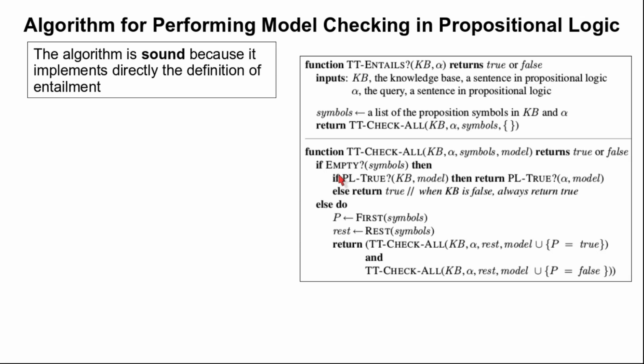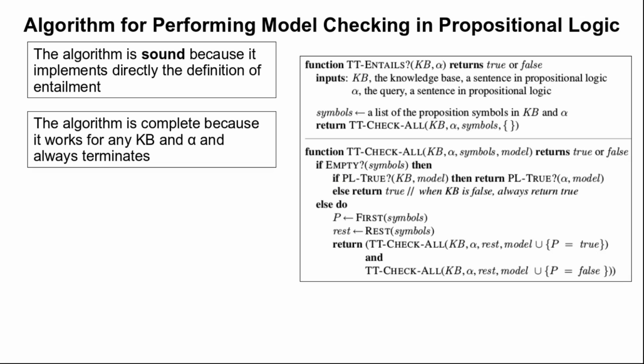Now this algorithm is sound because it implements directly the definition of entailment. So it creates all the models and checks all the models one by one. So only the sentences which can be entailed will be entailed. Other sentences will not be entailed. So the algorithm is sound.